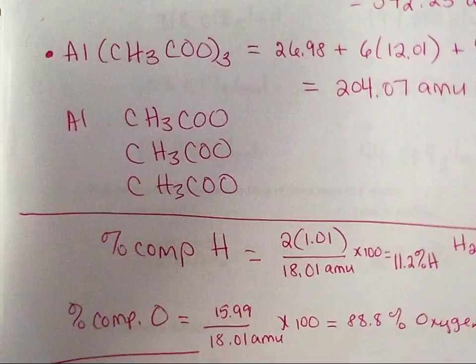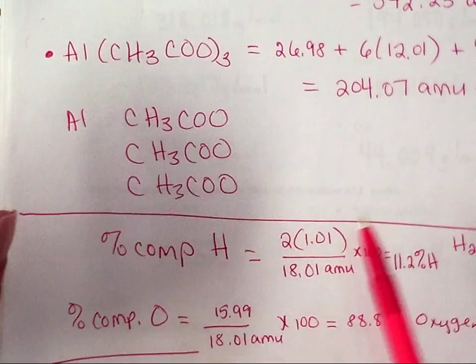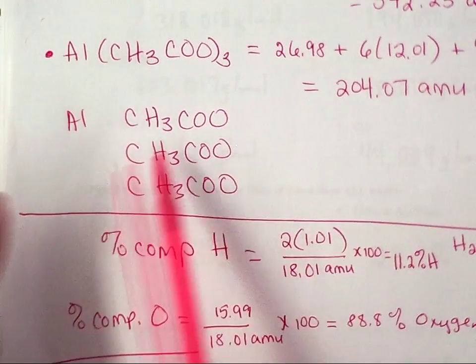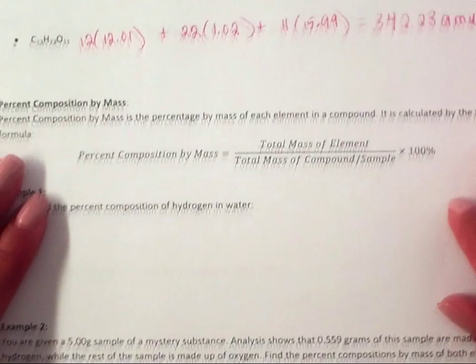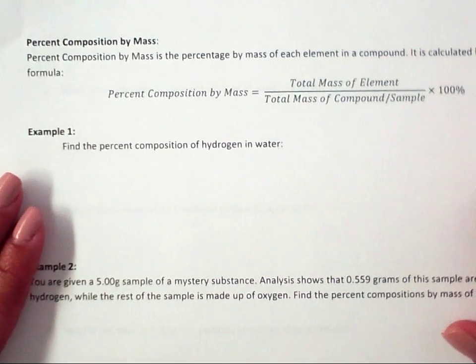Okay, so that part, I'm just going to move on because I know that you guys know how to add up. This is the part that gets a little bit more difficult, but even this is not all that bad.